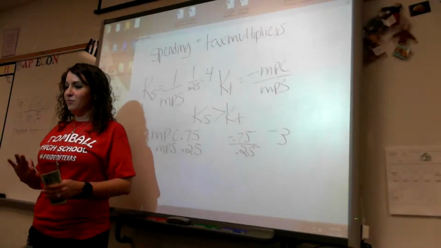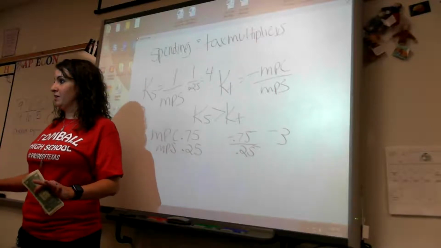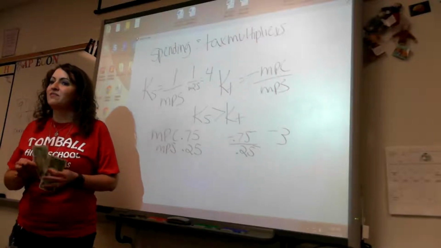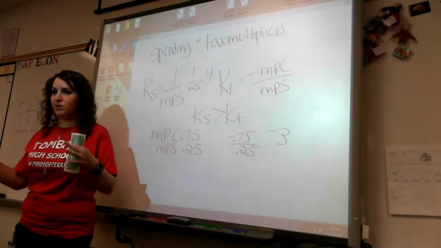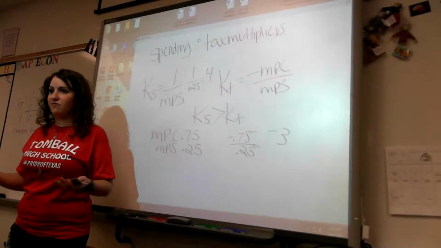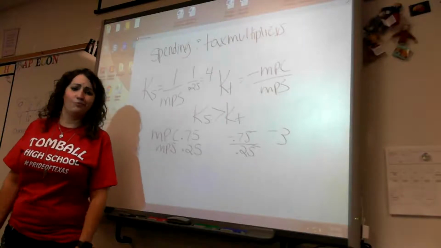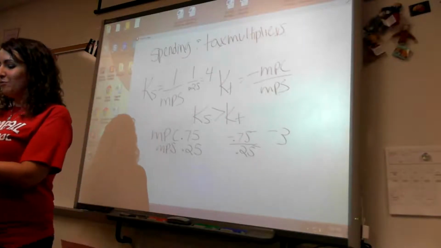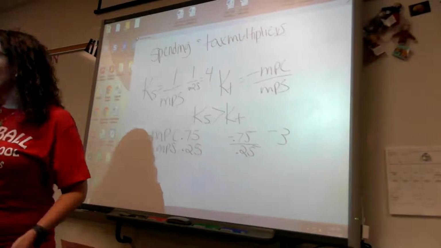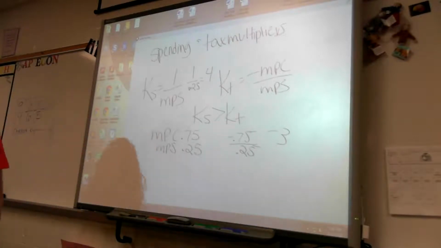Okay, if the government puts in money, spends money, the government doesn't have a savings account the same way you guys do. The government doesn't save for a rainy day like you guys do. If the government spends $4 on education, all of the $4 goes towards GDP.